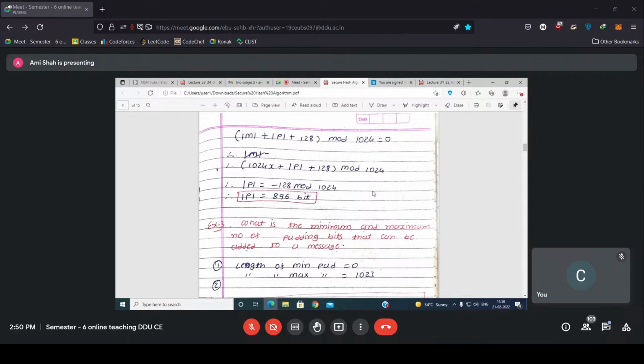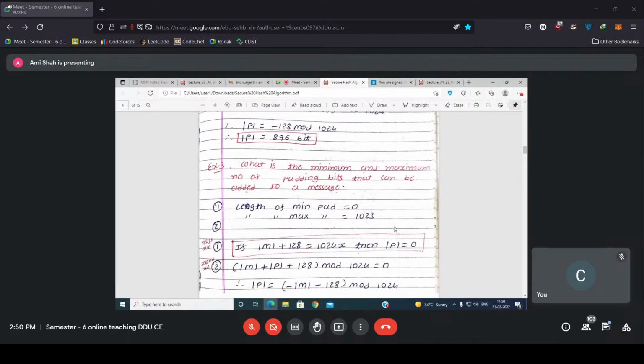What is the minimum and maximum number of padding bits that can be added to a message?